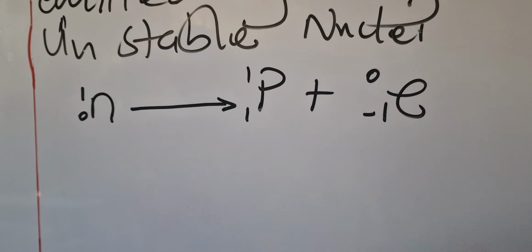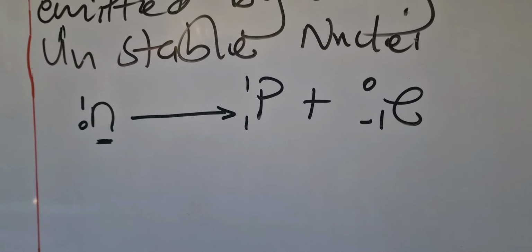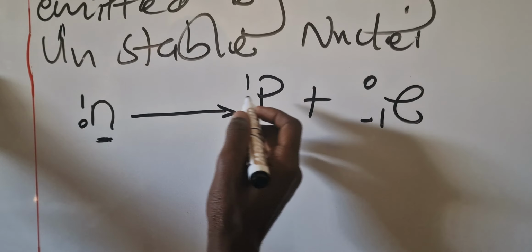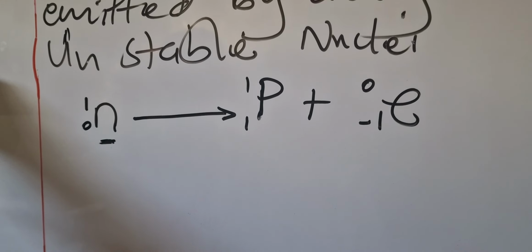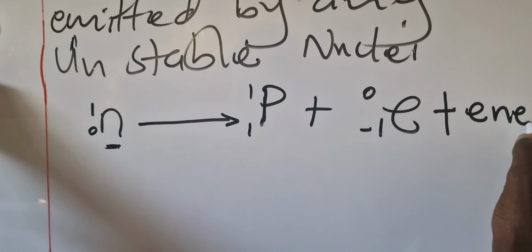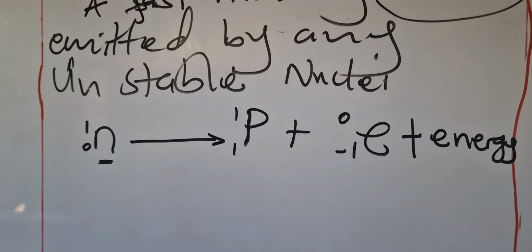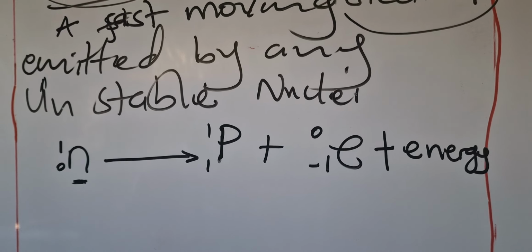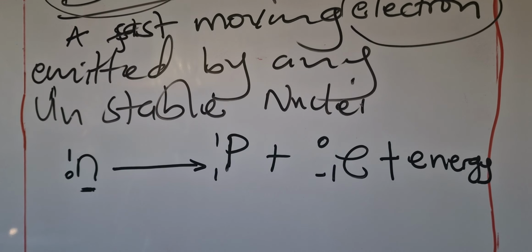It will involve conversion of one of the neutrons inside the nucleus of that atom to a proton. And this kind of emission will also involve emission of energy. We said the energy may be heat or light energy. Let me think we are flowing.